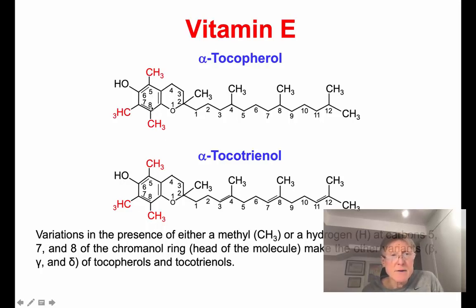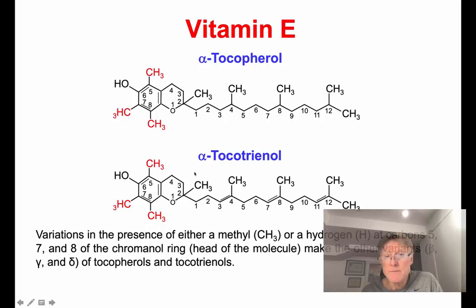You can have a methyl group, or you can have a hydrogen. That's what confers them the different groups of molecules. They have everything the same, except that in carbon 5, for instance, you could have a hydrogen. You could also have a hydrogen substituting the methyl group in carbon 7, and the same in carbon 8. So that's why you have the alpha, beta, gamma, and delta isoforms of these molecules.